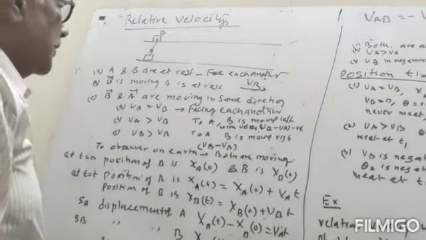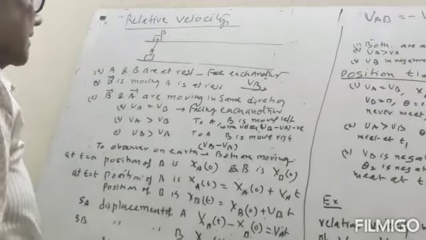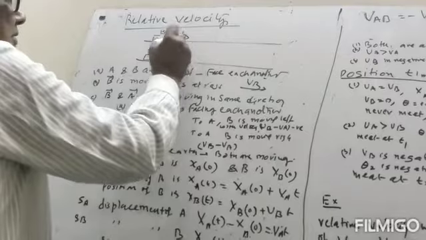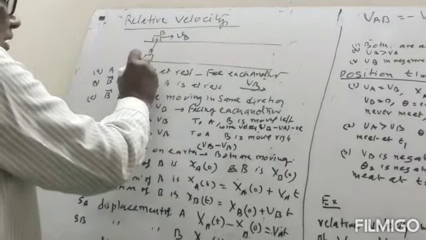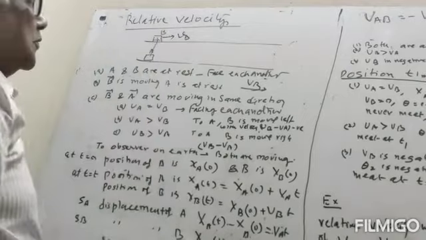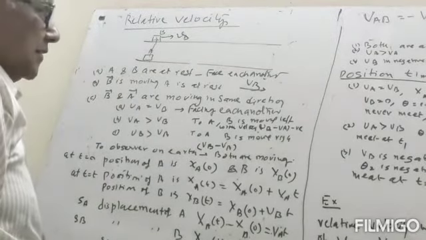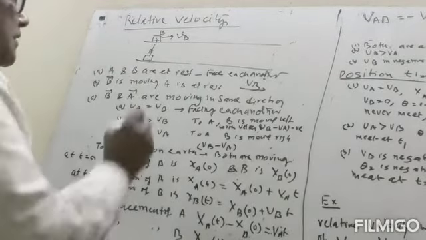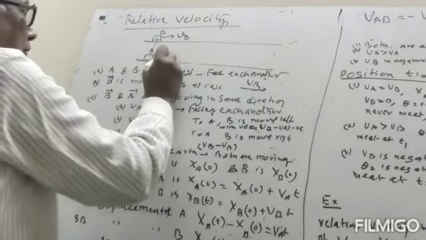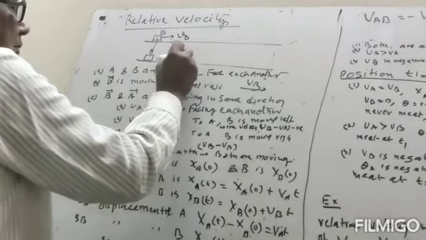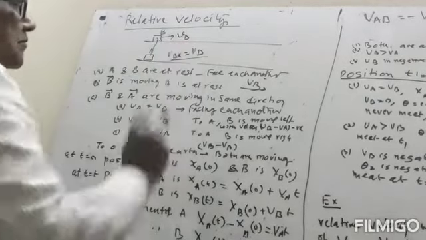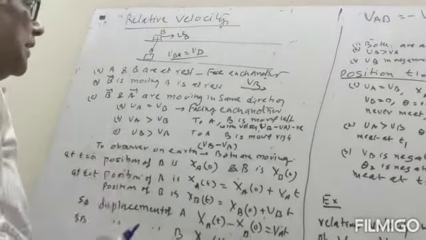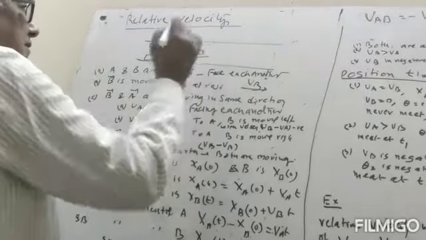Now, if A is at rest and B is moving with some velocity Vb, then A will observe that the velocity of B is Vb. So the velocity observed by A, VBA, will be equal to VB, when A is at rest and B is moving.